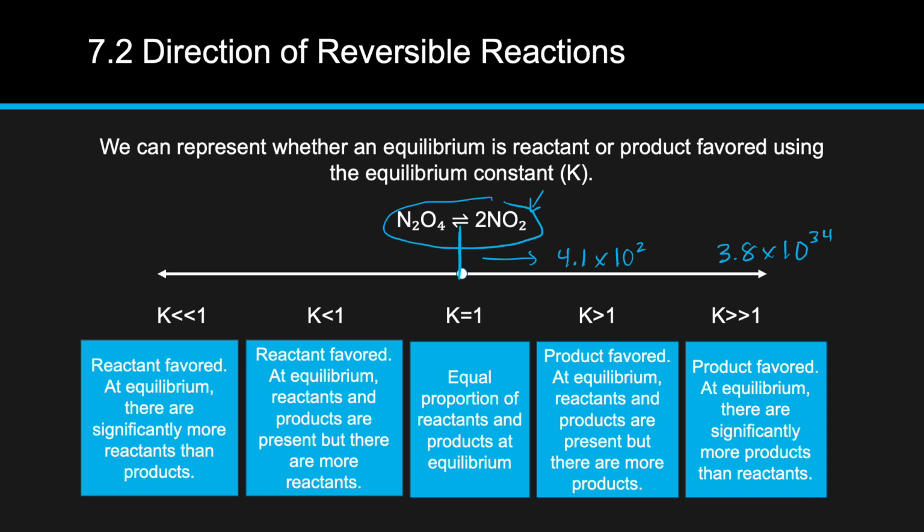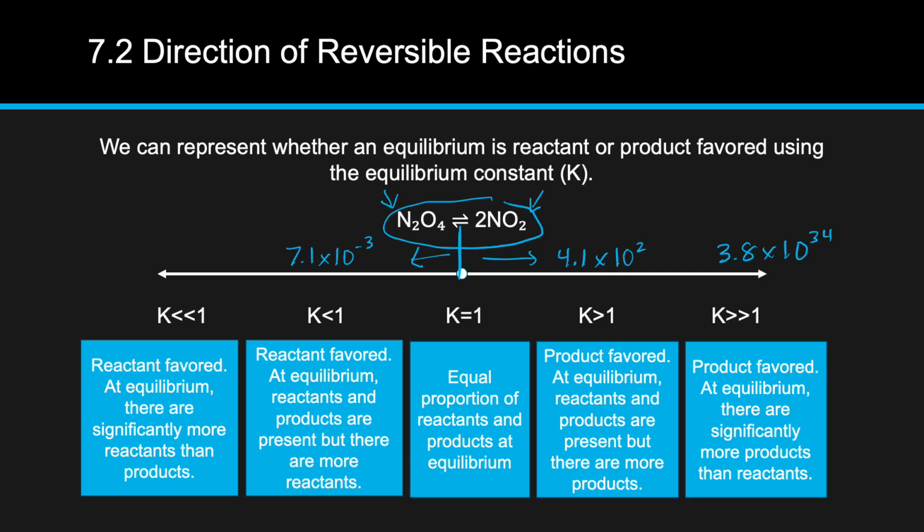And then going in the opposite direction, if I have a number less than 1, I'm now going to be increasing my number of reactants. So let's say I have a value like 7.1 times 10 to the negative third. That means at equilibrium, I'm still going to have reactants and products in the mixture.